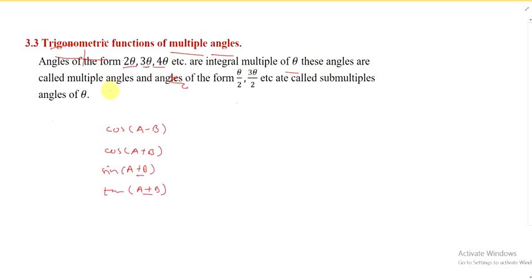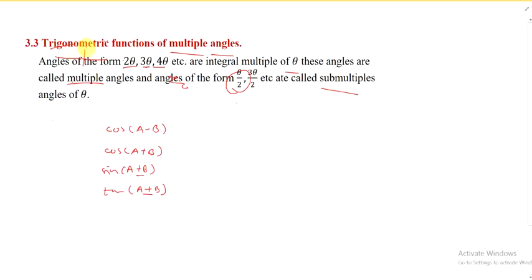These angles are called multiple angles, isn't it? And the angles of the form theta by 2, or 3 theta by 2, or 5 theta by 2, etc. are called sub-multiple angles.